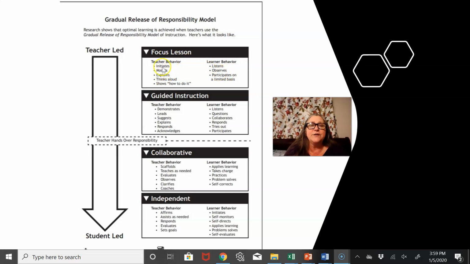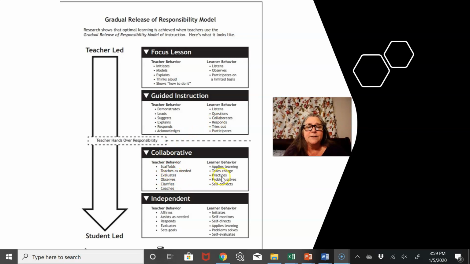So while the teacher is modeling, the learner is going to be observing, maybe participating a little bit, listening, very passive. And then the guided instruction, we go from really passive to doing some stuff here, trying it, participating. So the teacher might be guiding and leading. They're starting to do a little bit more collaboratively.